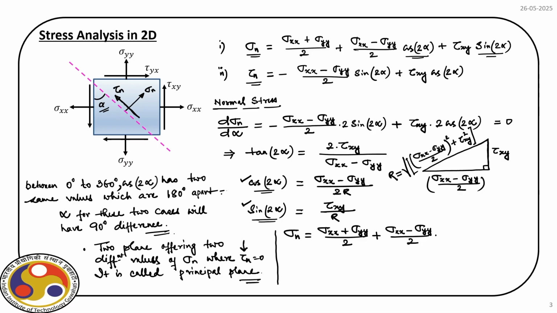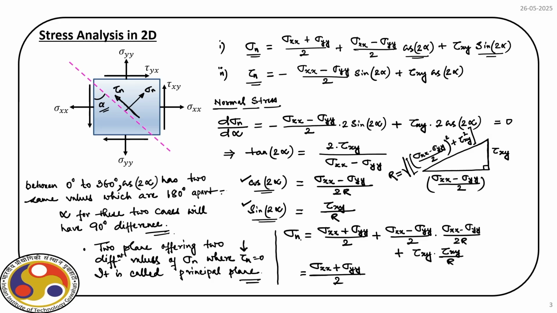For that, we have the expression sigma xx minus sigma yy by twice r, plus we have tau xy, and for sine of 2 alpha we have again tau xy by r. Now, if we simplify this expression, we get the first term sigma xx plus sigma yy by 2, and then obviously the maximum value.